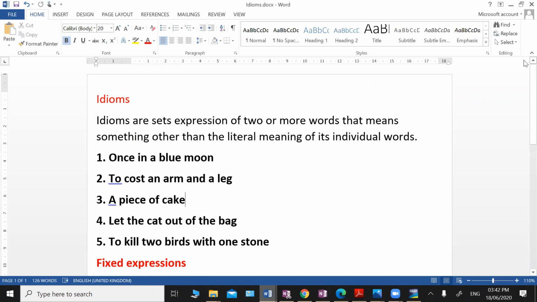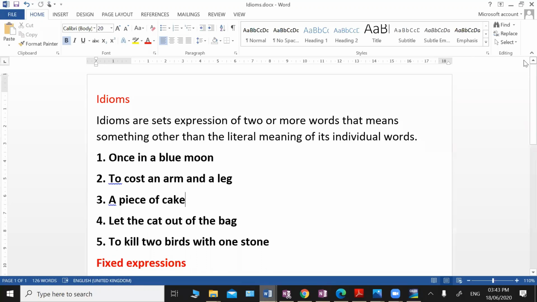But even before talking about fixed expressions, because fixed expressions and idioms are very close: as you see on the screen, idioms are set expressions of two or more words that mean something other than the literal meaning of their individual words. The words have some meaning, but the actual meanings are very different.